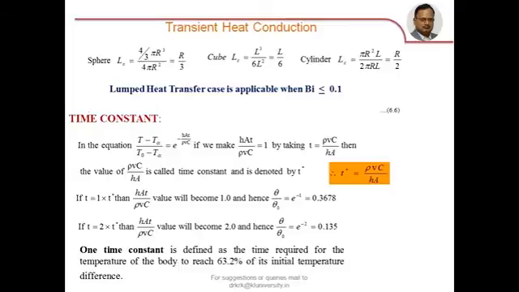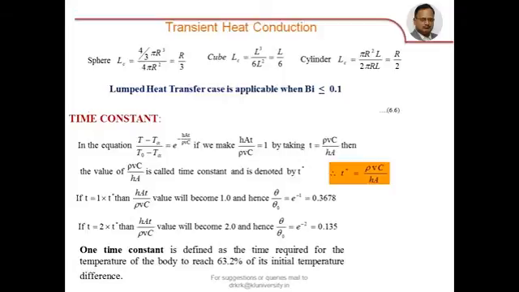Conductivity of copper is very high, the diameter of the wire is very, very small. Therefore, there won't be any significant variation across the wire with reference to the radius R. So it can be treated as a lumped system, where temperature is only dependent on time, it does not depend on the radius or x direction.